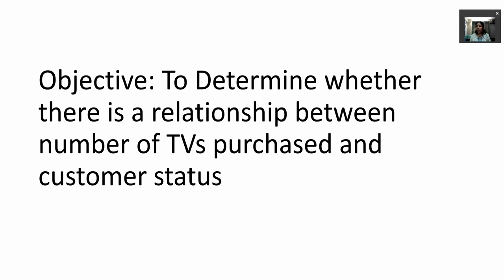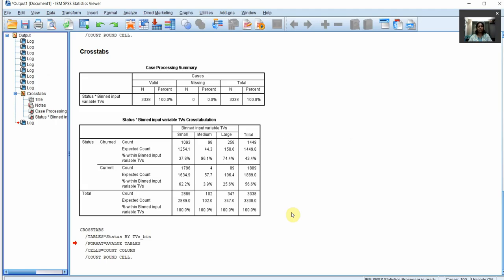In the chi-square test, we are seeing whether this relationship between the number of TVs purchased and customer status is significant or insignificant. That is what we are trying to prove in these two, cross tabulation and chi-square test.